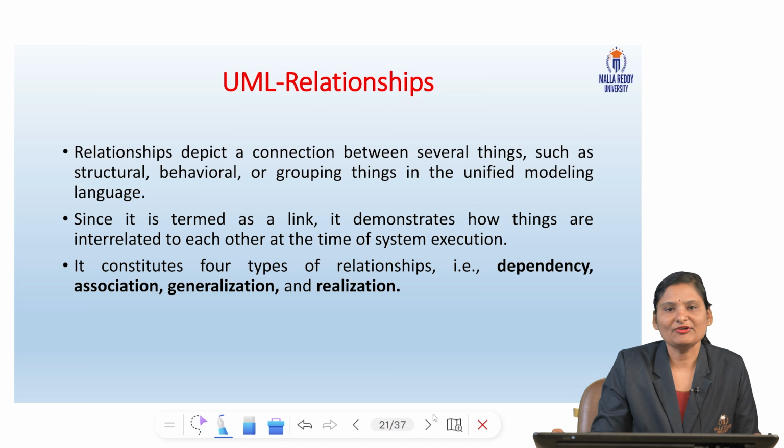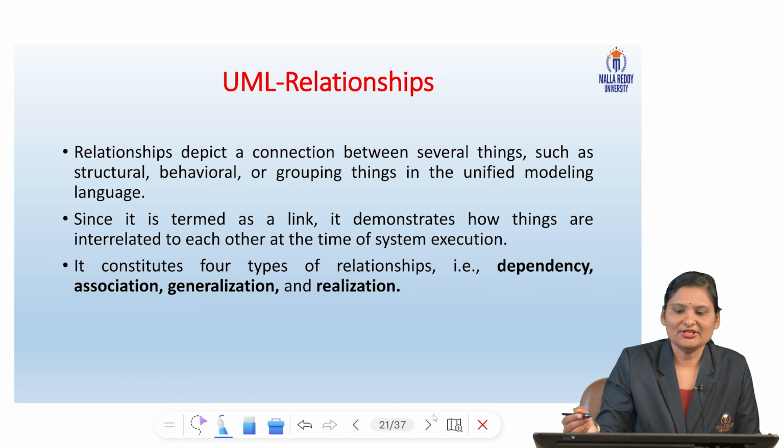Whenever we are representing a static representation, components and their relationship, or interaction between components, we need to specify it through a relationship. So here it consists of 4 types of relationships: dependency, association, generalization, and realization.